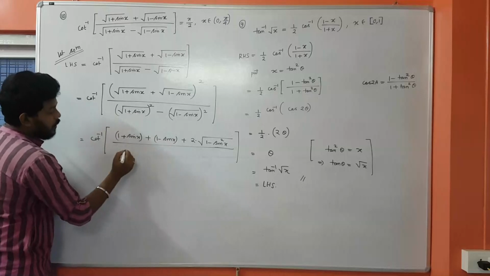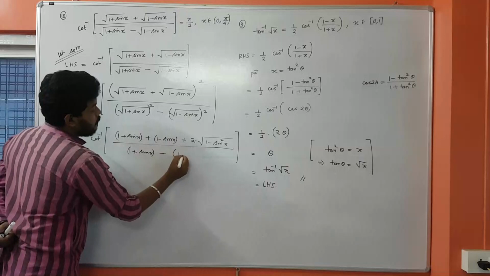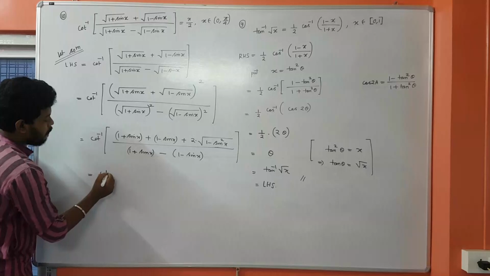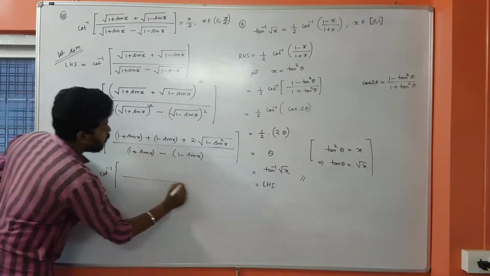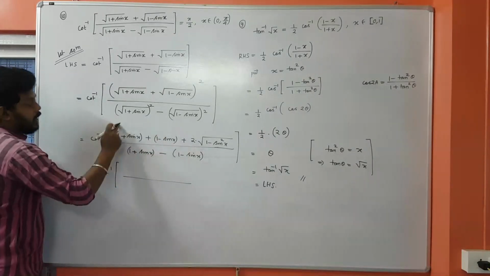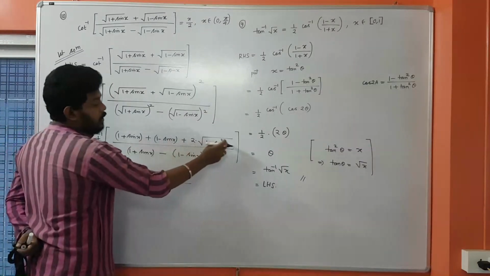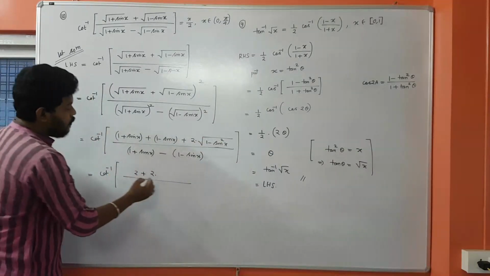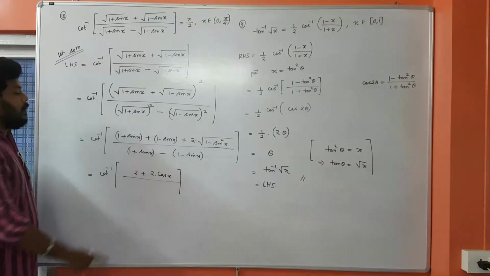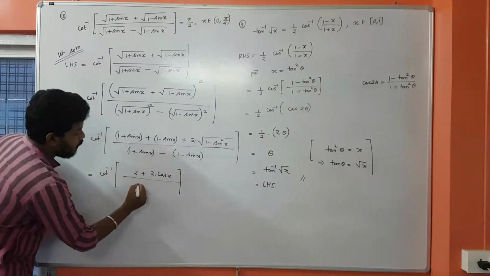After squaring, you will get 1 plus sin x minus 1 minus sin x. Cot inverse of 1 plus sin x, 1 minus sin x, sin cancelled, 1 plus 1, this is 2. 1 minus sin square is cos square, take square root, this is cos x. Again 1 cancel, minus minus plus, this is twice sin x.